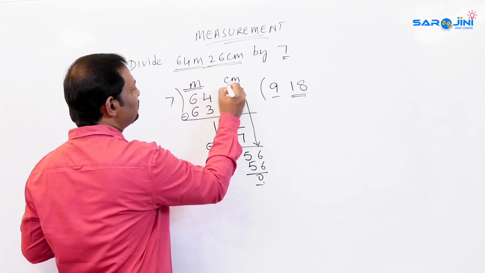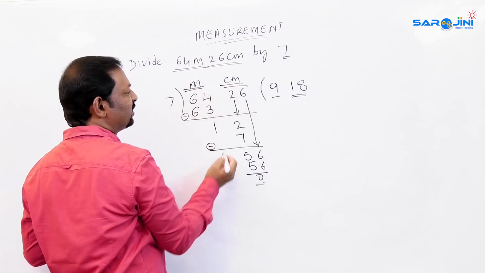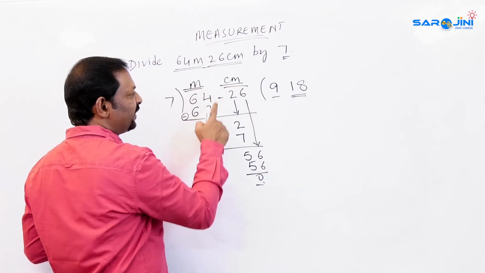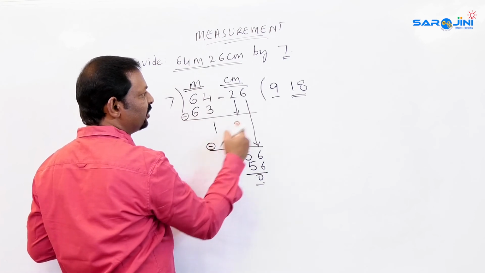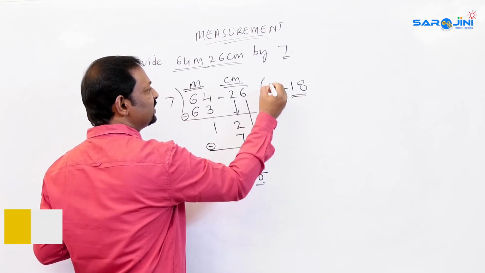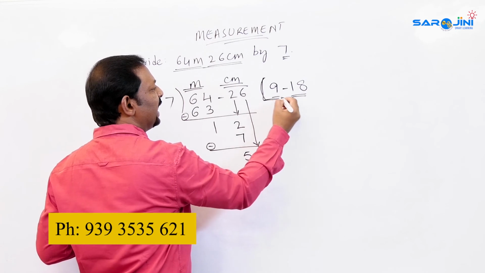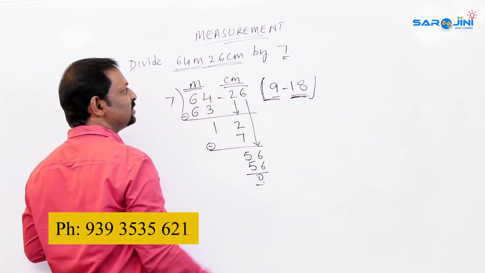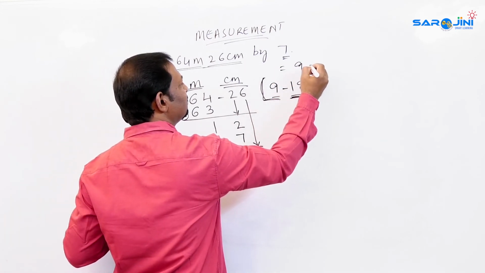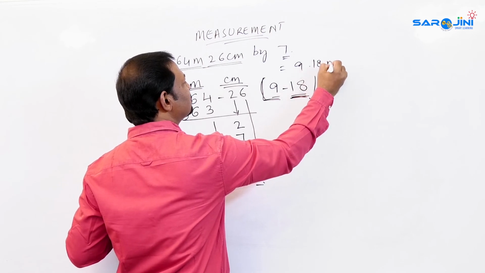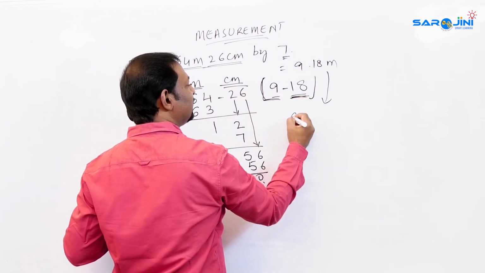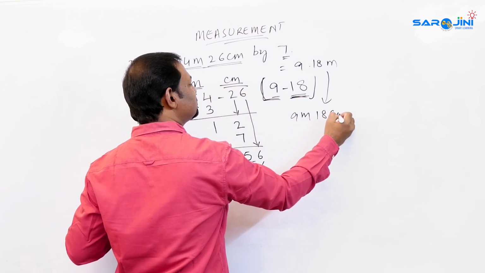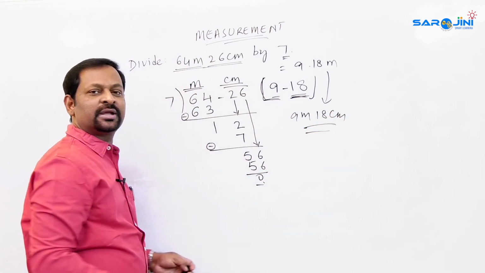Sort out the two separately, meters and centimeters, or put a dash. The first part is in meters and the second part is in centimeters. So the answer is 9.18 meters, or we can also call it 9 meters 18 centimeters. In this way you can convert it.